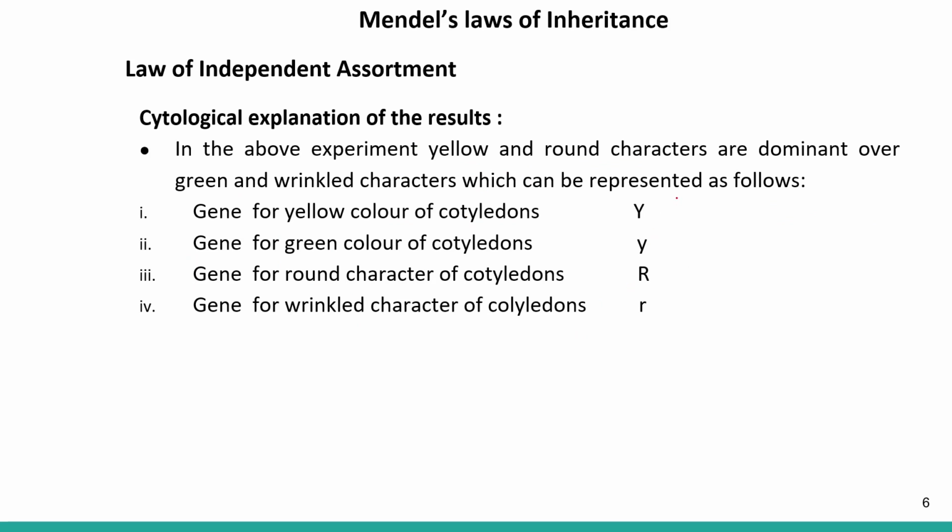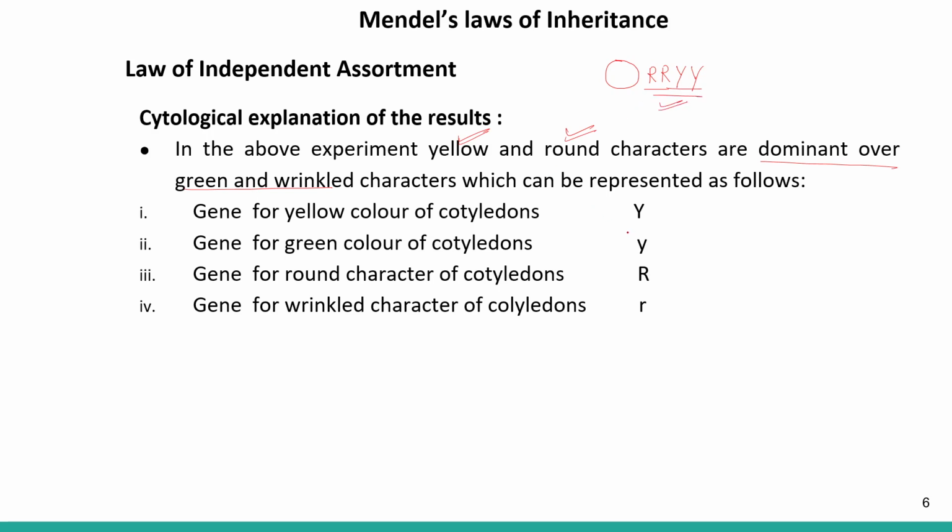In the above experiment, yellow and round characters are dominant over green and wrinkled. So round and yellow, the shape and the color, are denoted by RR for round and YY for yellow.